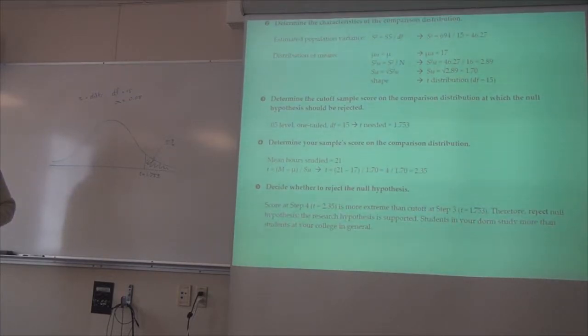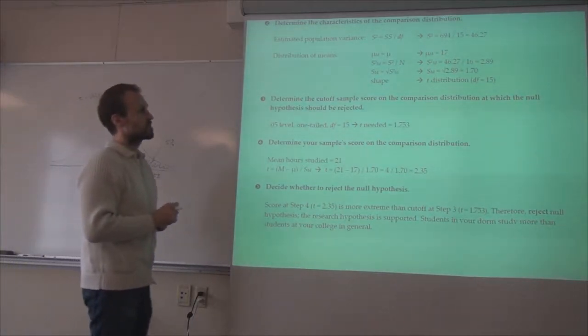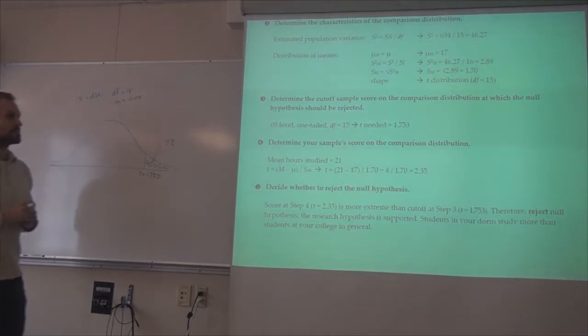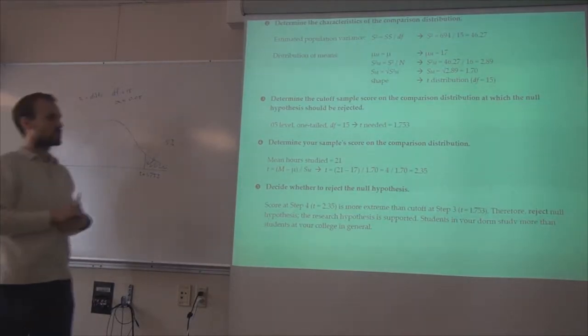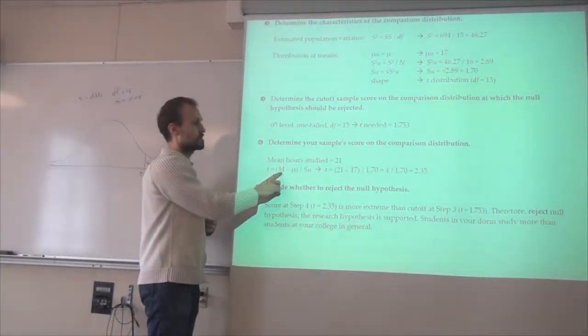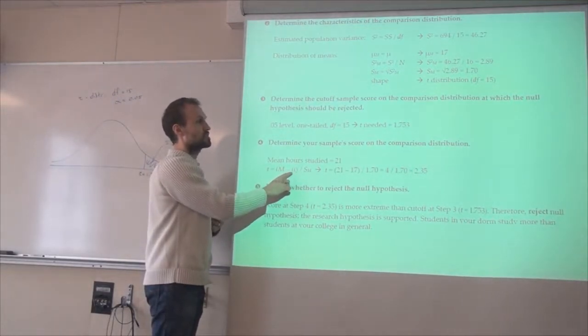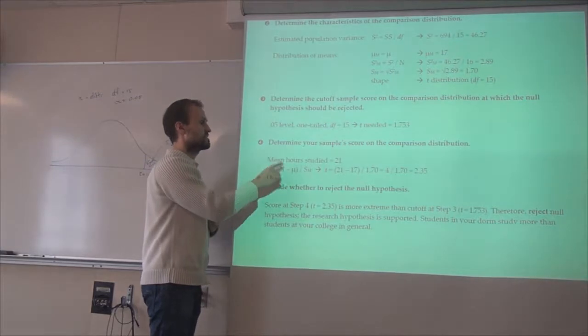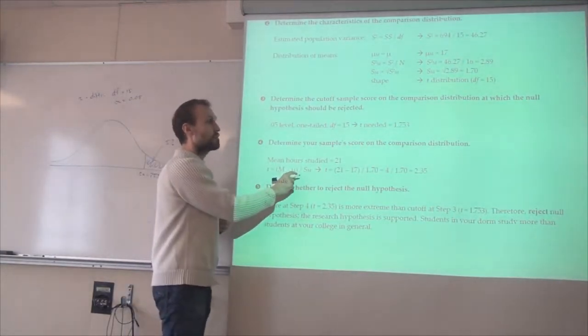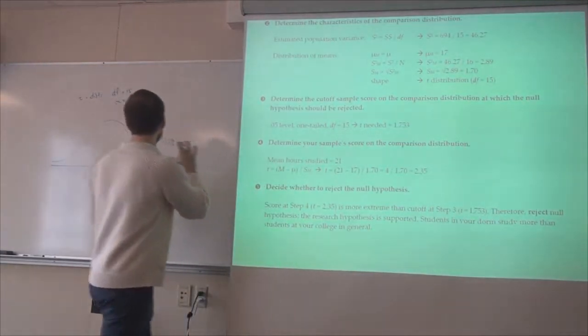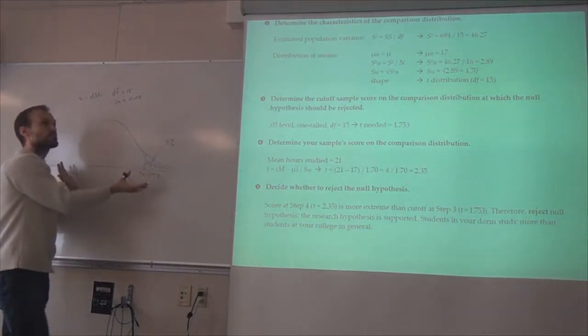Then I'm going to look at my sample. What does my sample give me? My sample gives me an average number of hours in the dorm of 21. So convert that to a t-score the same way, the mean minus the population. Well, this should really be a mu m, because I'm using the distribution of means.